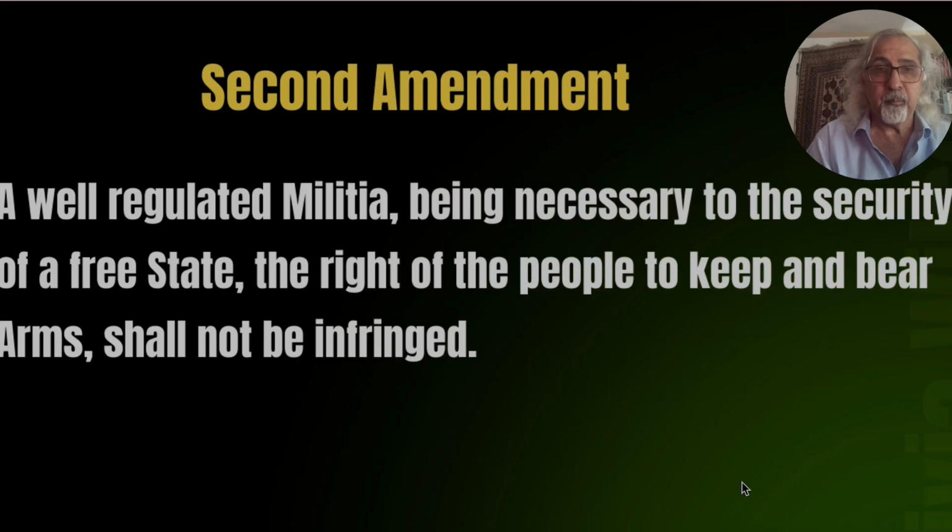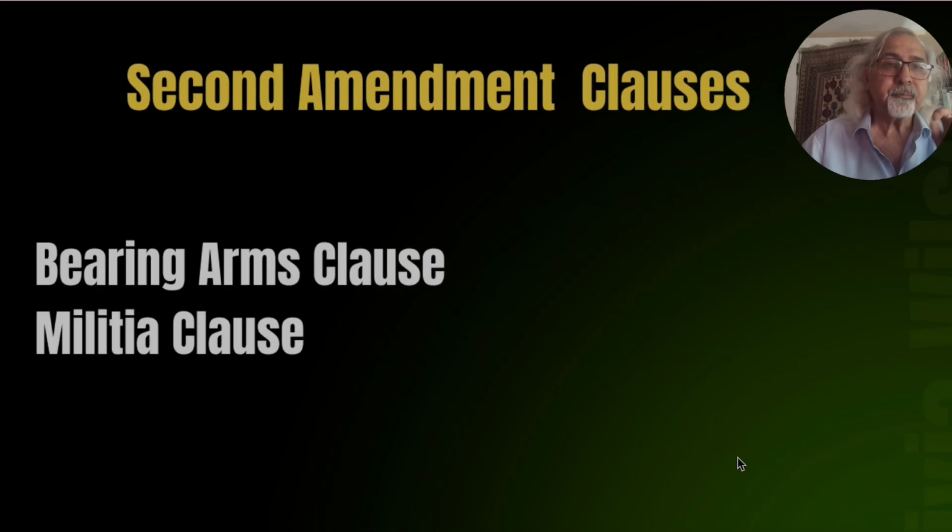Most gun rights cases are decided under the Second Amendment and a reading of the second part of the clause, right? And the clause associated with it is the bearing of arms clause, and that is roughly citizens being allowed to keep arms. And the militia clause, that is the question whether there can be militias or do we need a militia to have the right to own guns.